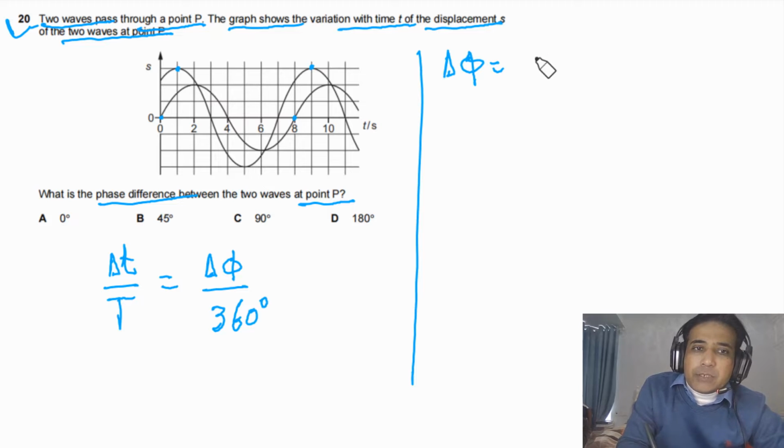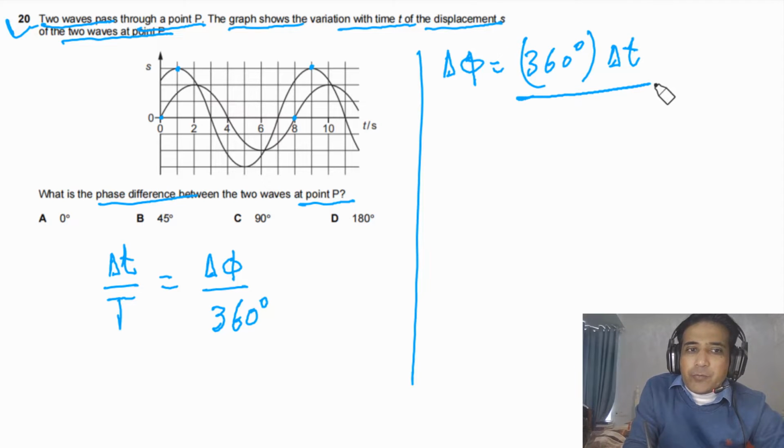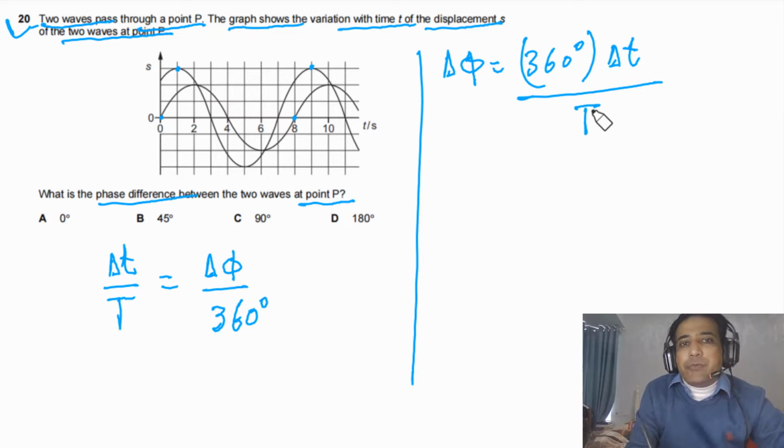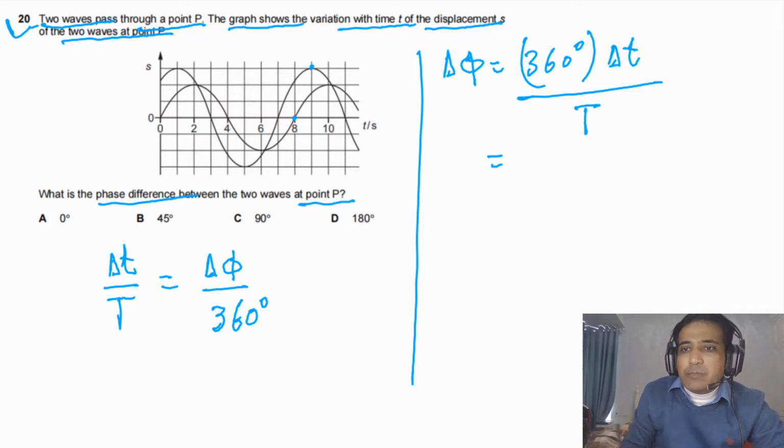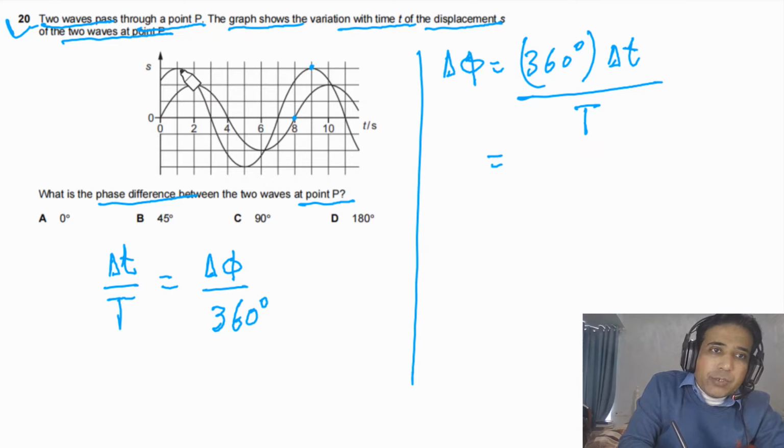So the phase difference simply will be equal to 360 degrees times time difference divided by time period. So we need to find out time difference. To find time difference, we have to take 2 points, same points on two waves. So let's say we take this peak of one wave, so we also need to take the peak of another wave. So you can see what is the time difference between these two.